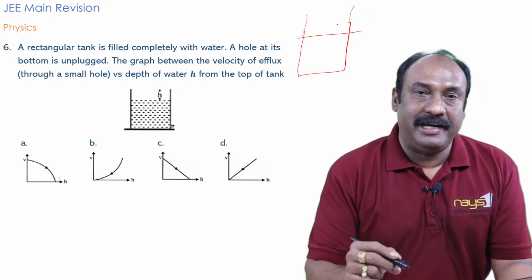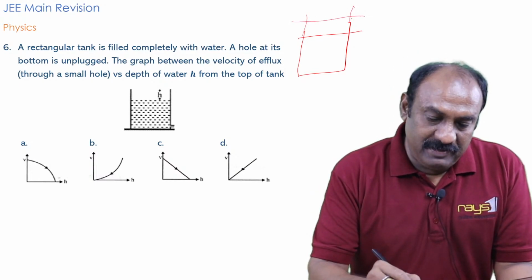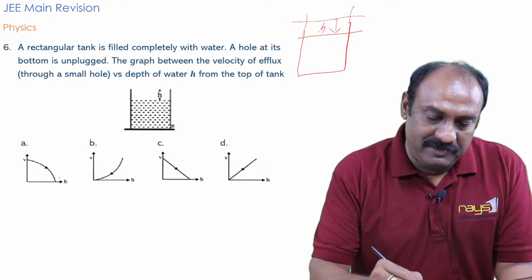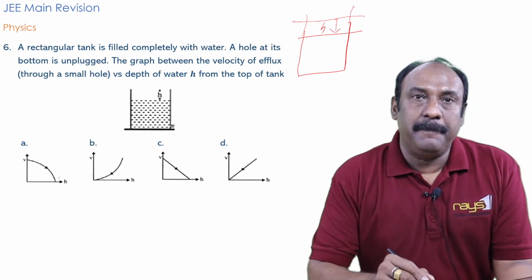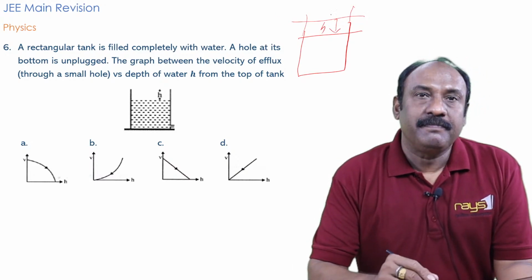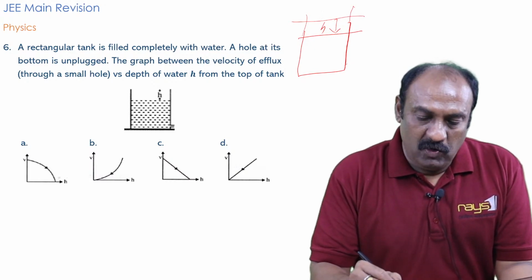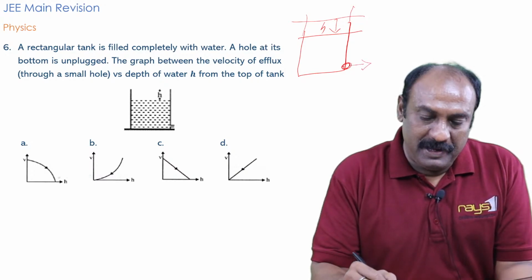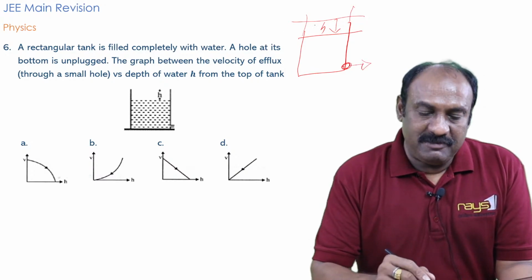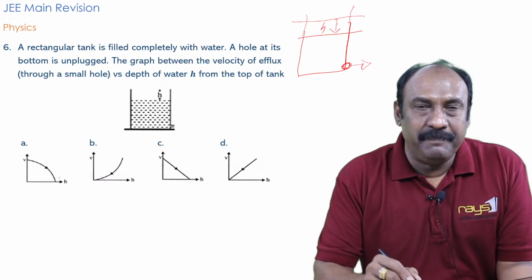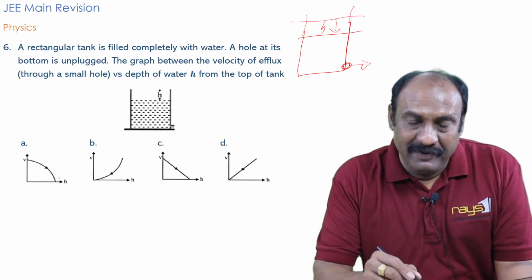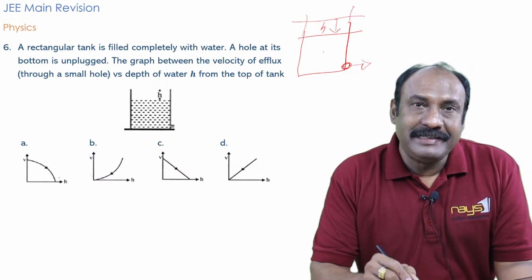From the free surface, the depth of the water is h. Initially this is the depth up to which water is filled. When a small hole at the bottom is unplugged, with respect to the free surface, this will be the drop in level of the water in the tank.